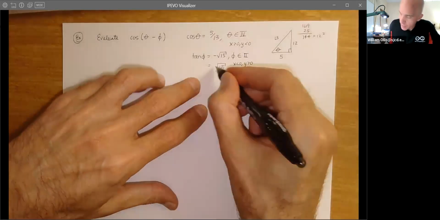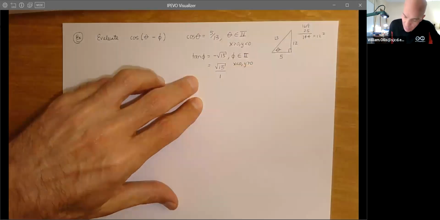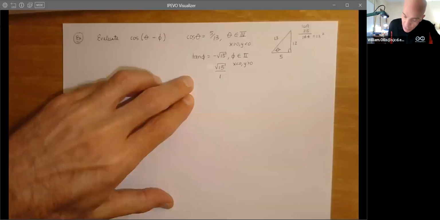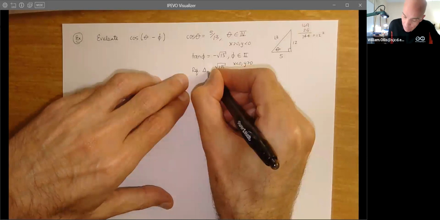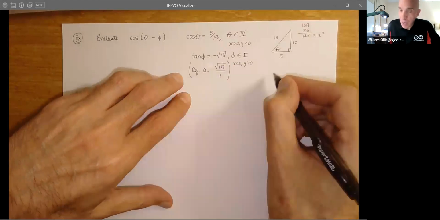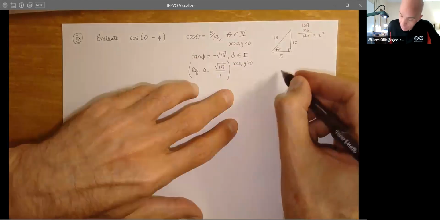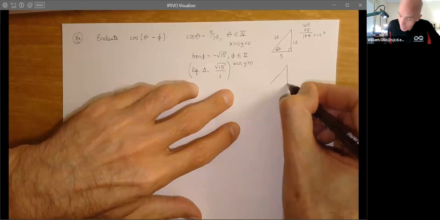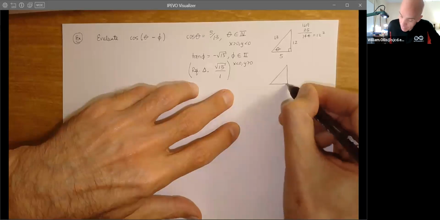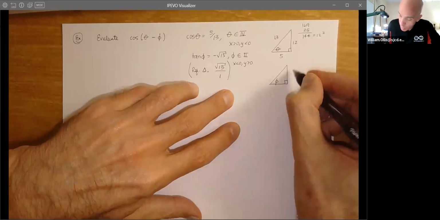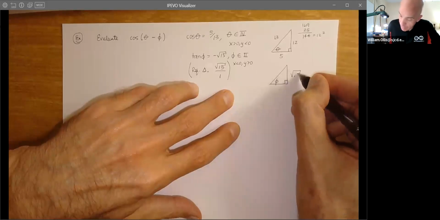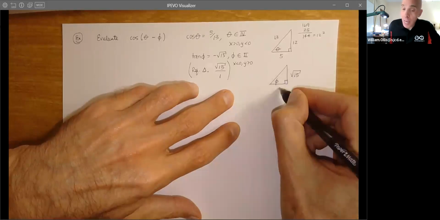I won't say equals, I'll just say reference triangle here. So this would be opposite over adjacent. So we have in this case phi opposite over adjacent. So we have square root 15. And here we have a 1. So now we're good to go.